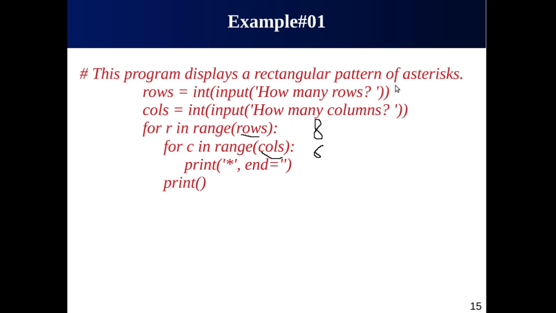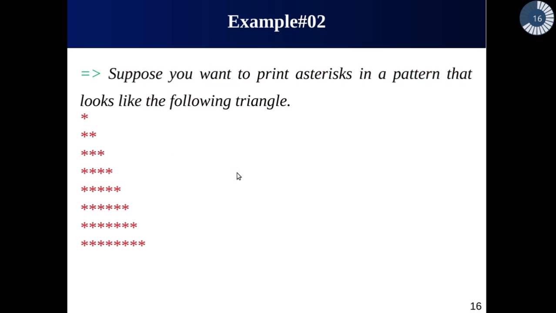Once you run this program, it will ask the user to provide a value for the rows and provide a value for the columns. Let's suppose the user has entered 10 here and the user has entered 20 here. So this 10 will be assigned to the row variable, the 20 will be assigned to the column variable, and then it will display the asterisk 20 times. And how many lines? 10 lines.